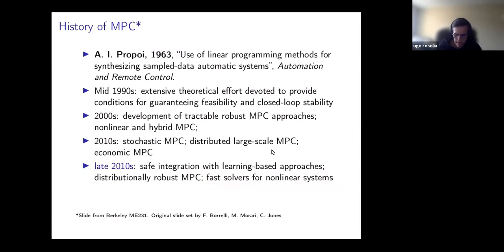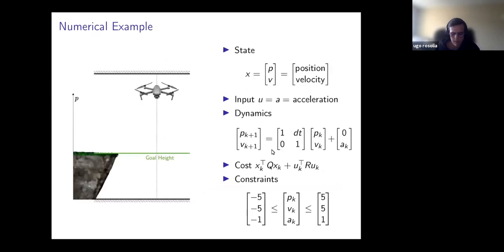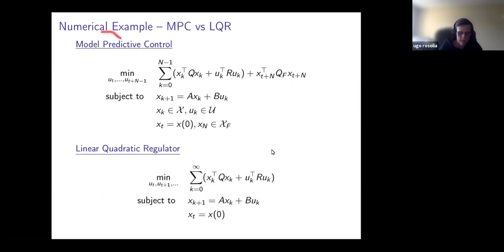So now let's see how this strategy actually works on our drone example. And in particular, I would like to compare the performance of our model predictive controller with a linear quadratic regulator. There are only two differences between the model predictive control strategy and the LQR controller.